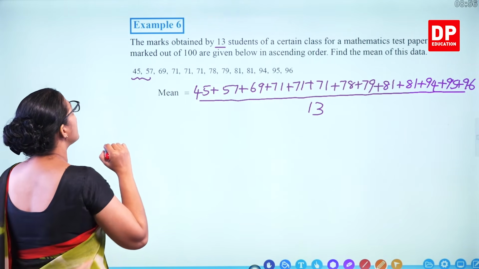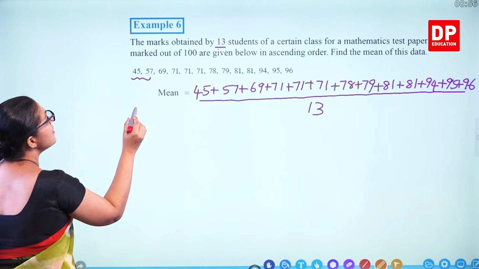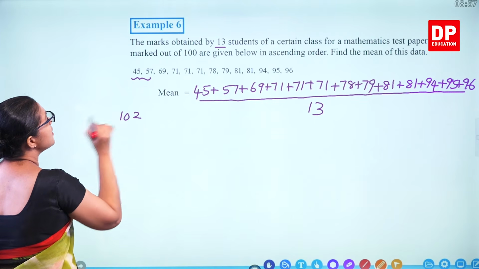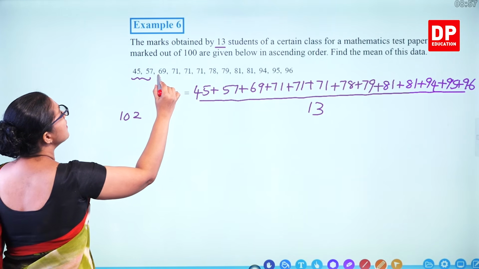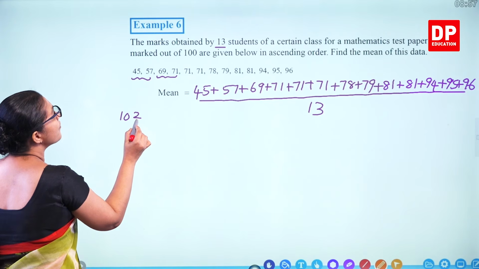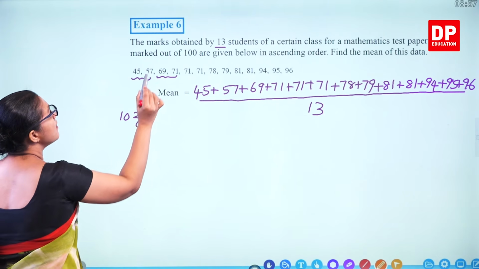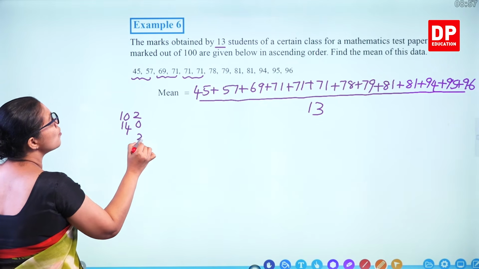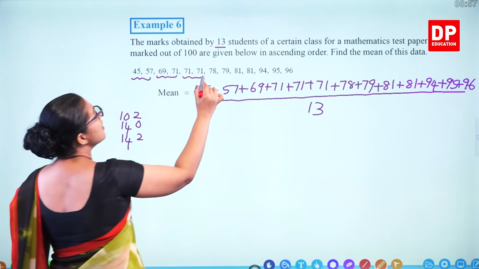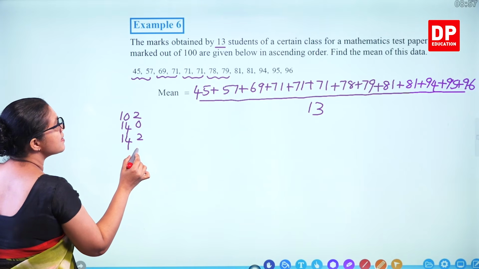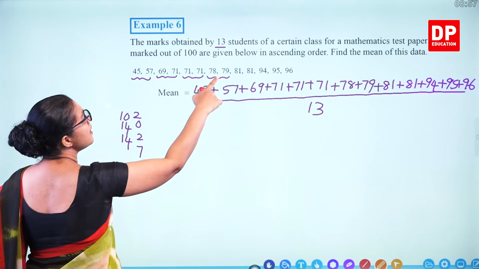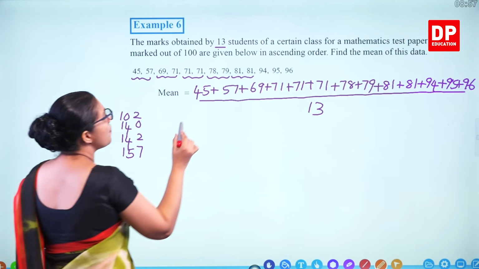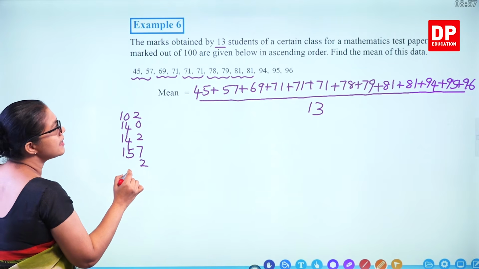I can take two at a time. I can add these two: 7 plus 5, 12, 1 remaining. 5 and 5, 10. Then add these two. 9 plus 1, 10. 1 remaining. These two, 8 and 8, 16, 17. 1 remaining. And 14 plus 1, 15. These two, 8 and 8, 16.